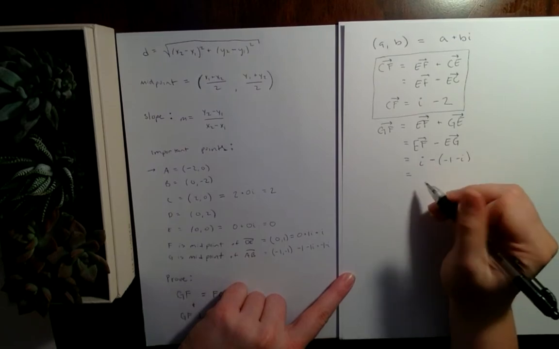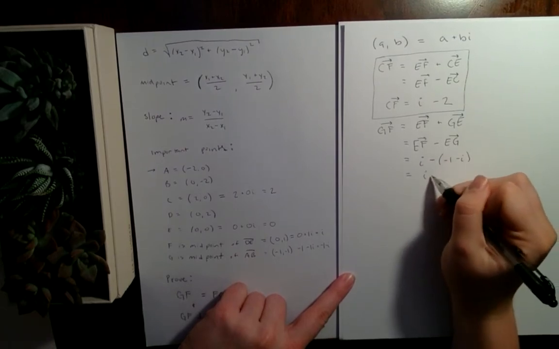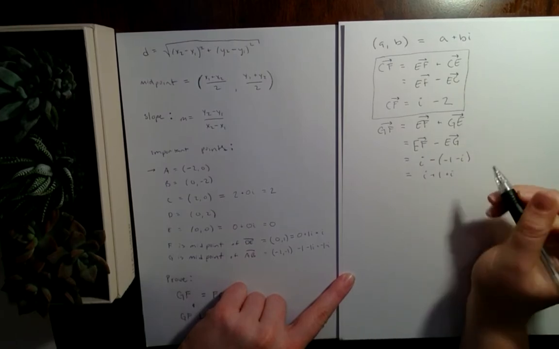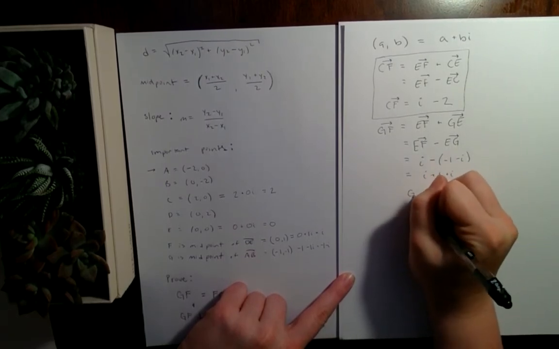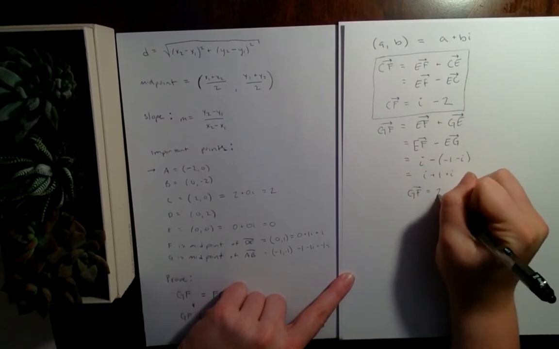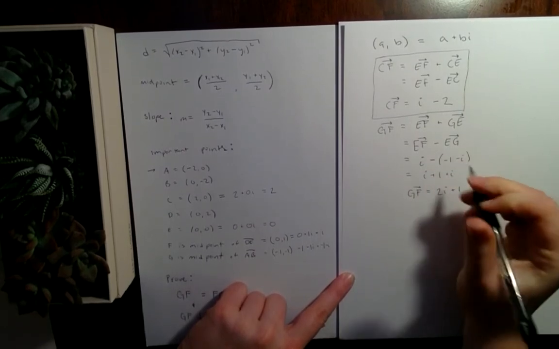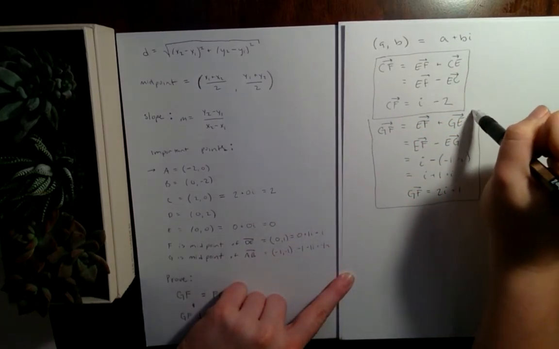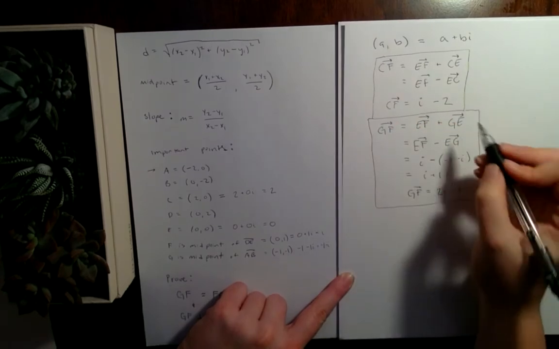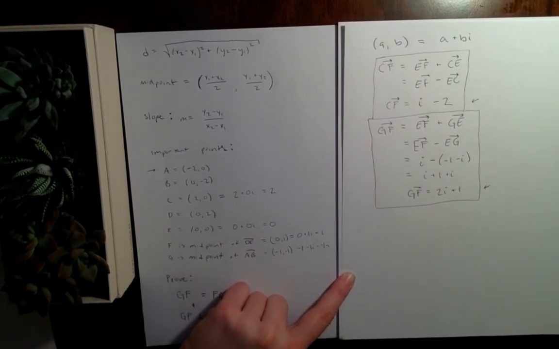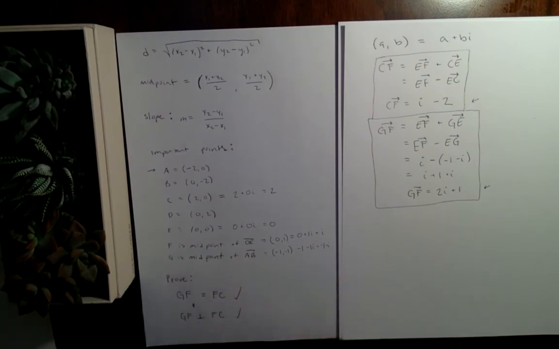We can distribute that negative sign, so we get I plus 1, and then we distribute it plus I. So we get the vector GF is equal to 2I plus 1. So this is our next vector. So now we have two vectors, which are the segments that we want.